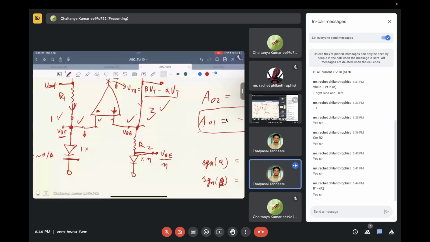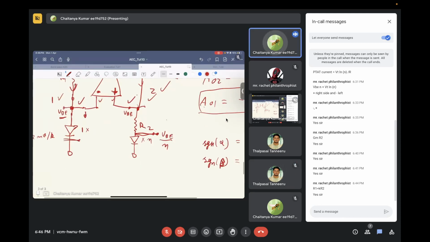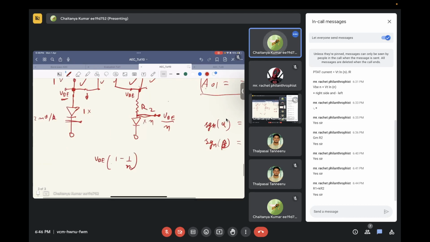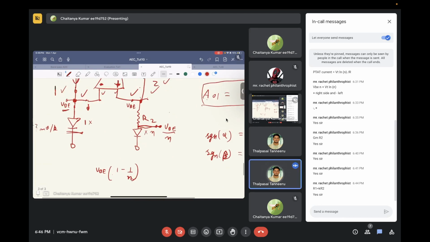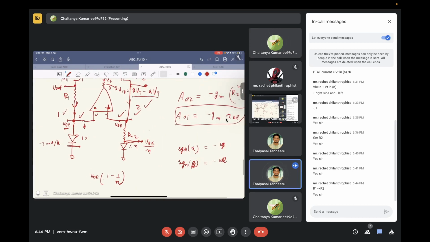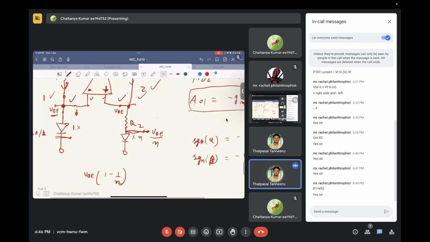Okay. So now this is VBE, this is VBE by N, so your actual voltage is VBE times (1 minus 1 by N), divided by R2. So this is your current.